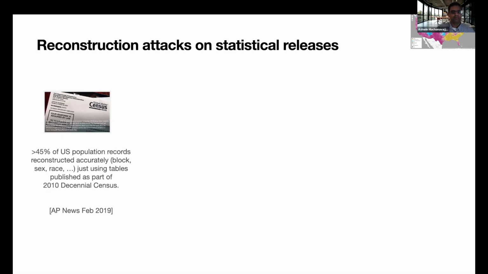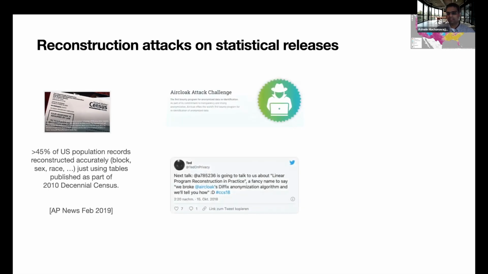But simple reconstruction attacks could reconstruct more than 50% of the US population accurately down to the block, the gender, the race, and so on, right? And this is not just the US Census Bureau. We've been stuck in this unending cycle of people trying to invent anonymization algorithms or release statistics that don't satisfy differential privacy.